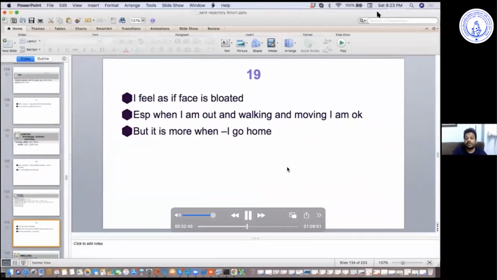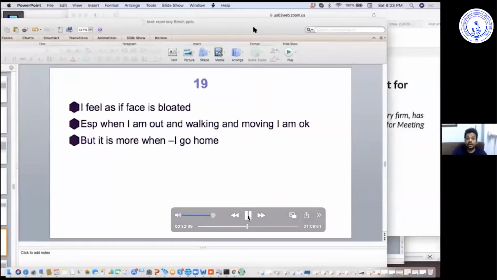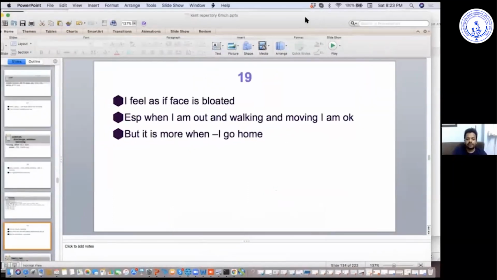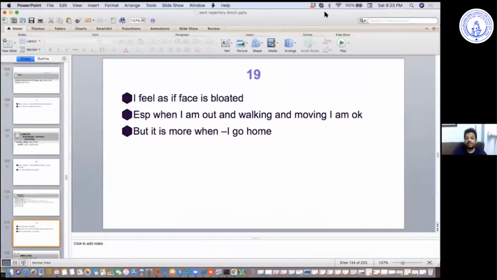How will you see this? Batao. Walking and moving, the swelling reduces. Batao. How will you see this? Batao.